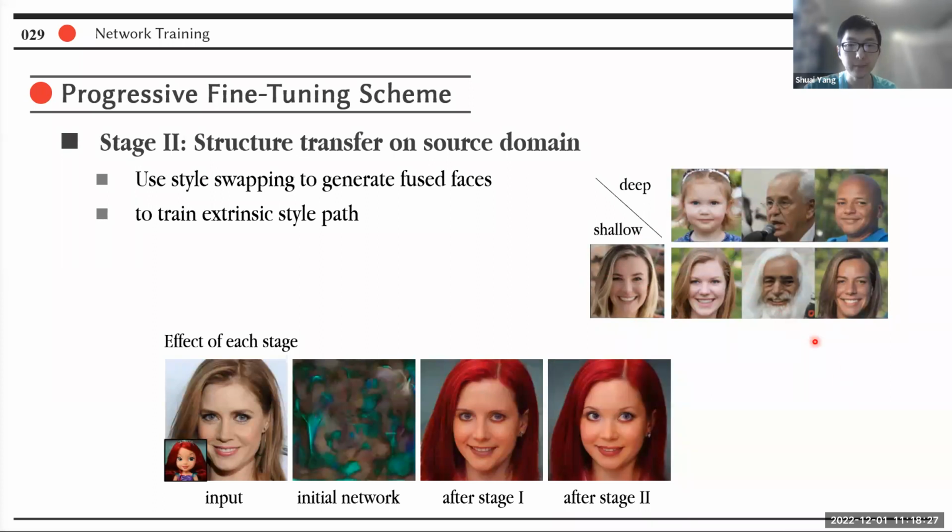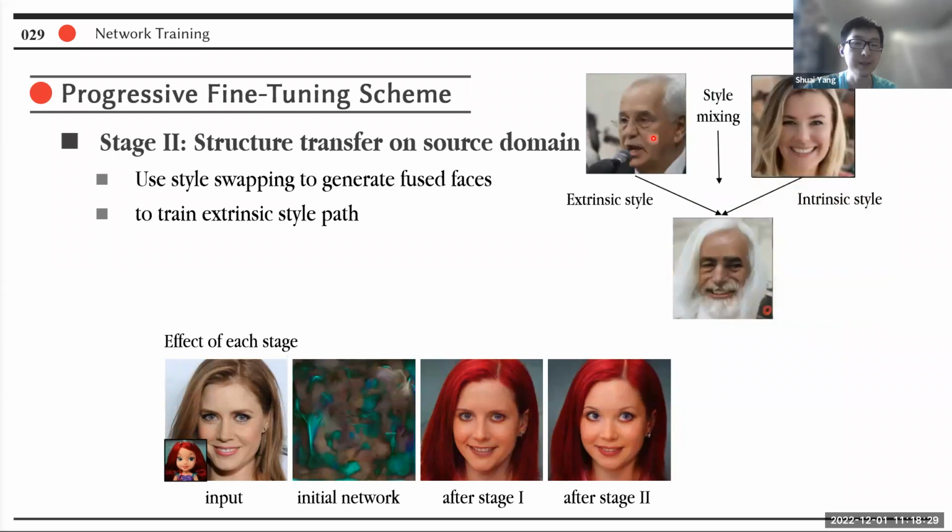And then with this image as the style image and this image as the content image, we would like the model to produce an image to approach the ground truth fused image as here. So after this stage, our model learns to enlarge the eyes of this woman, but still produces realistic faces.